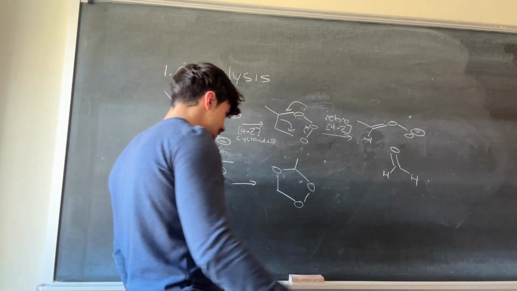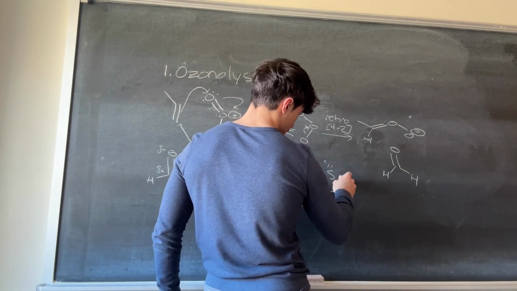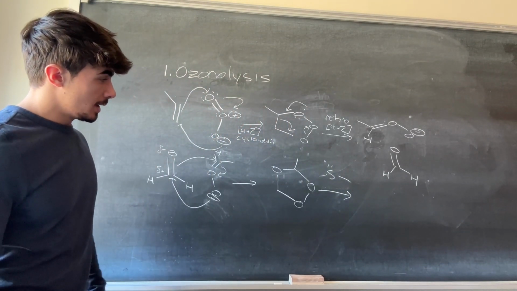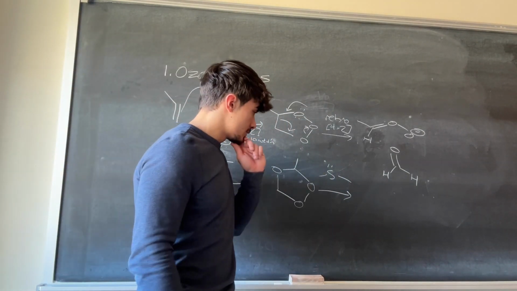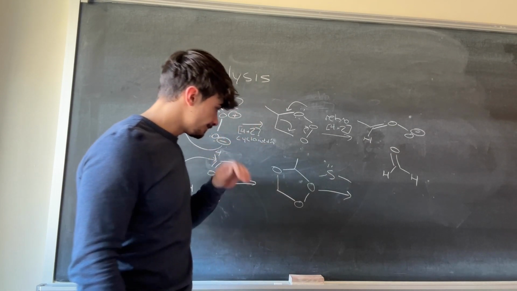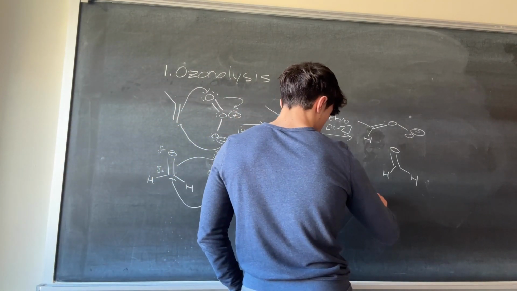And then the rest of the mechanism isn't relevant to much of what we'll do in this class. But we'll be using dimethyl sulfide as a reducing agent, and we'll get our products.